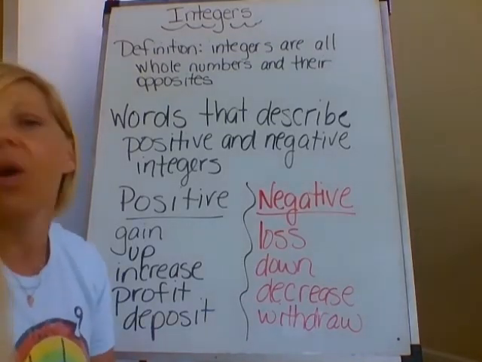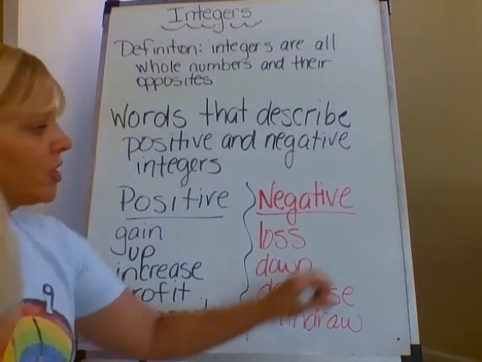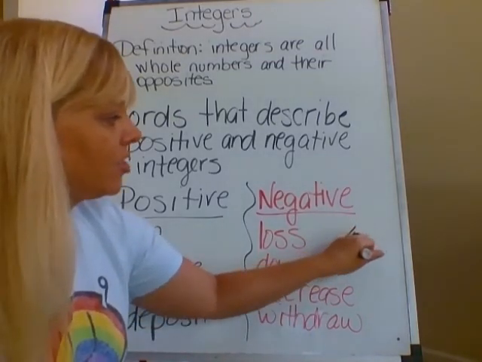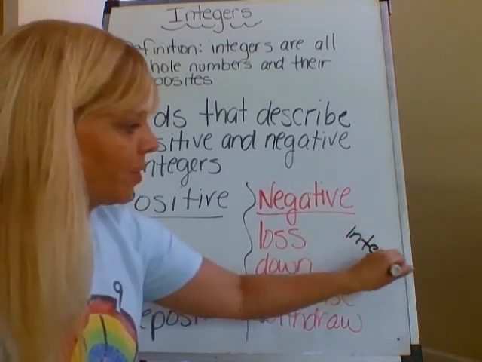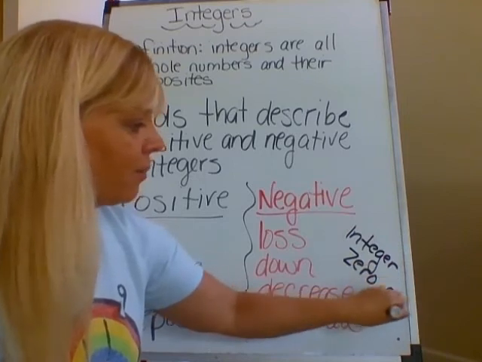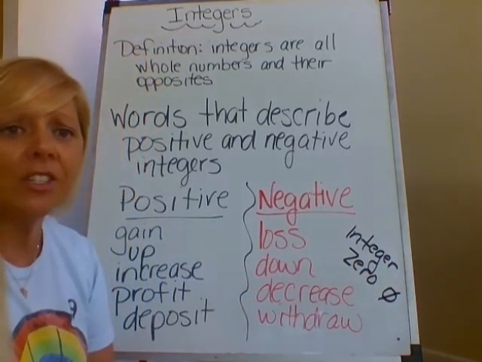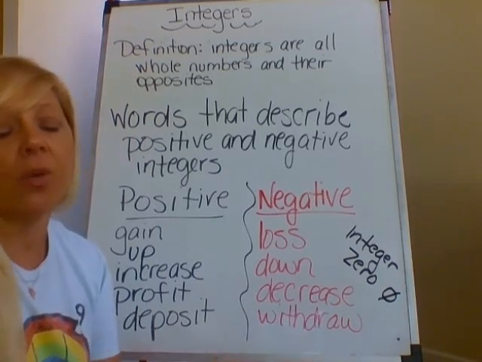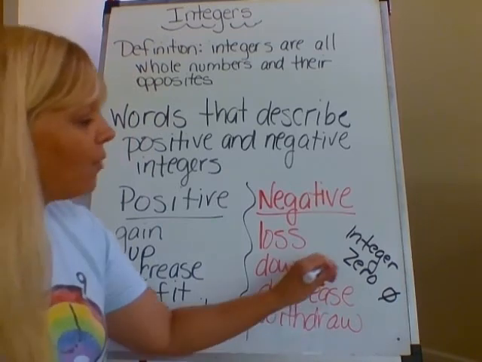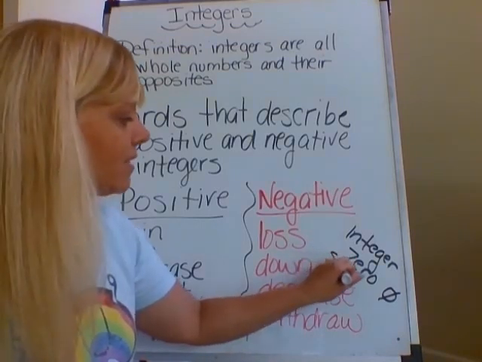So these are just a handful of these words that symbolize a positive and a negative. So what about neither positive or negative? Well, that is our friend integer 0. So I'm going to write integer 0. Okay, so 0. I'm going to write a slash mark so it looks like a 0, not an O. Integer 0, that is no gain, no positive or negative. And that one is usually signified in 6th grade as sea level.